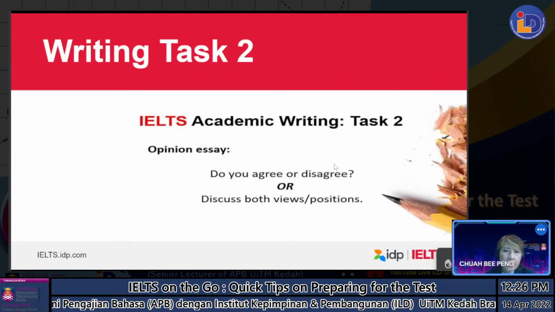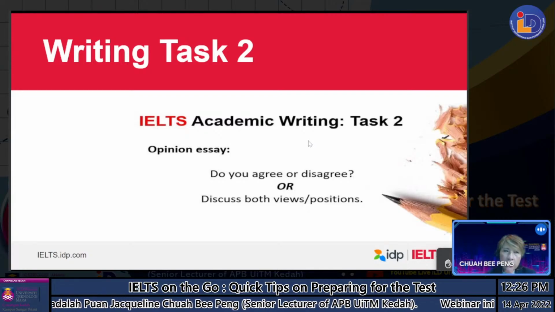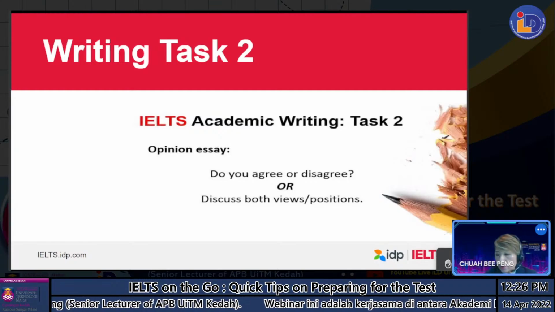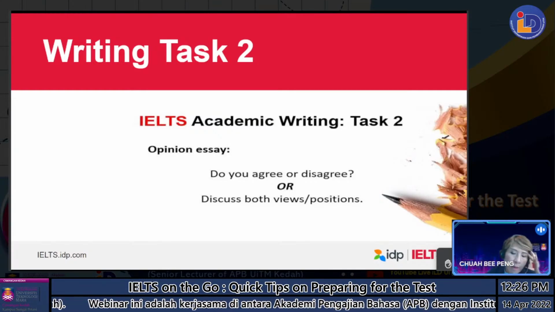So just now you saw the sample, but here I'm going more specifically on the different question types of academic task 2. Academic task 1 is very straightforward. Whatever graph you see, you have to do that. And just be careful, some people like to memorize. Never memorize.